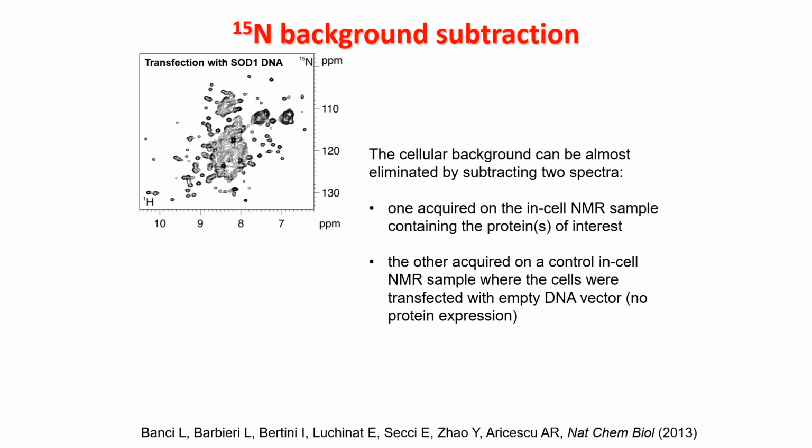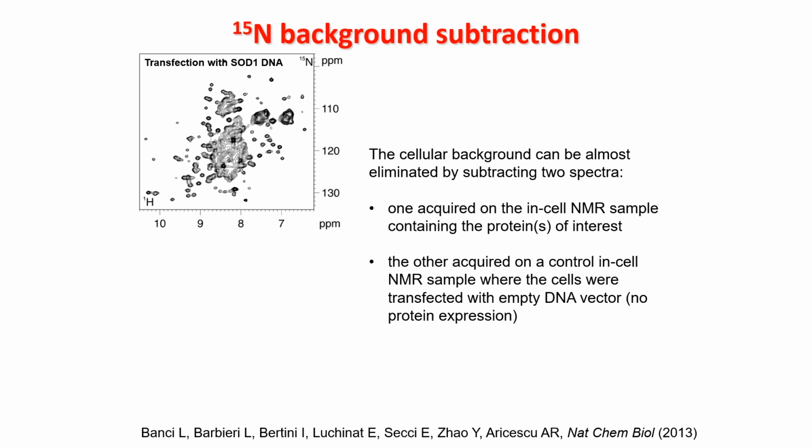Now, to get rid of that, there is actually a very useful procedure. That is, perform an N15 background subtraction. You can almost eliminate this background entirely by subtracting 2 different NMR spectra.